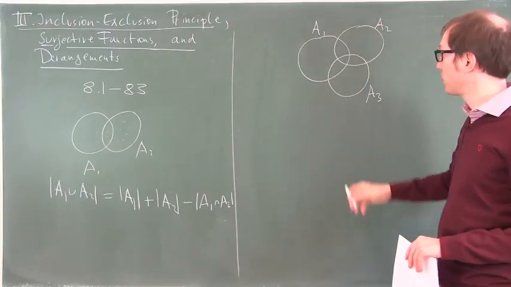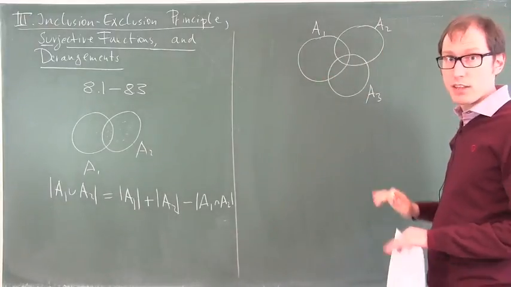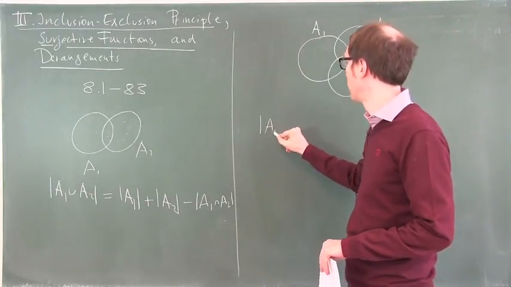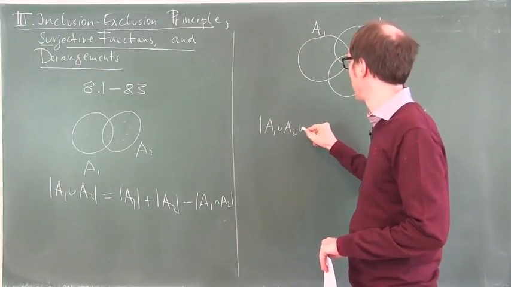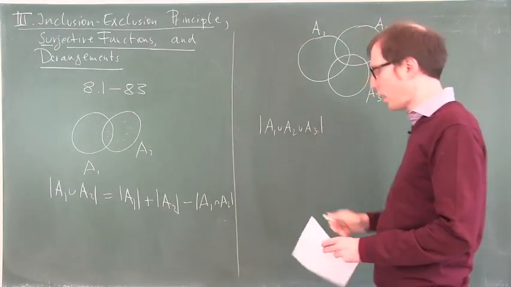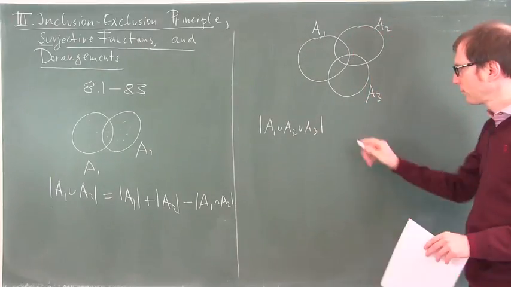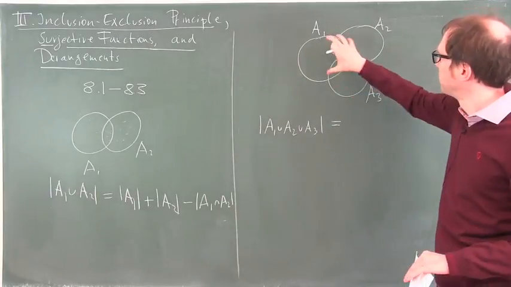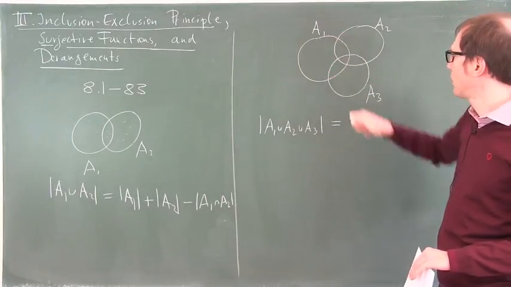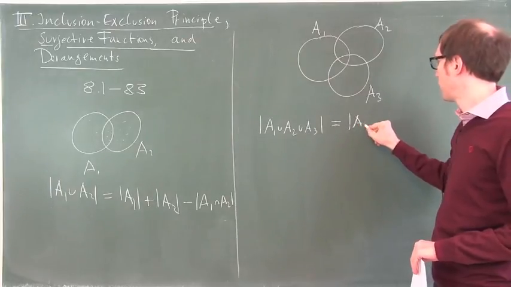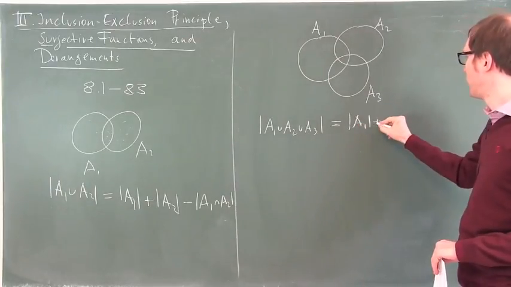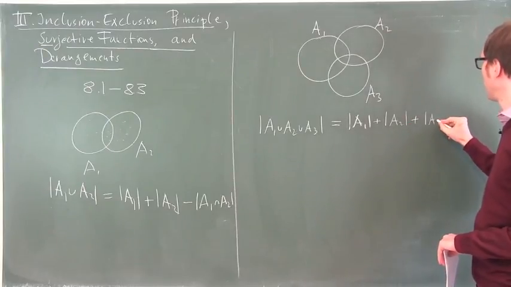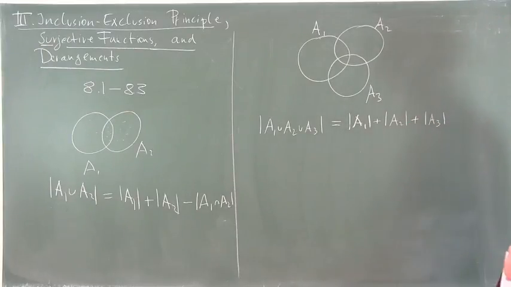We're interested in the number of elements in the union of these sets, A1 union A2 union A3. Again, we start out by taking the cardinality of A1, then the cardinality of A2, and then we add the cardinality of A3.